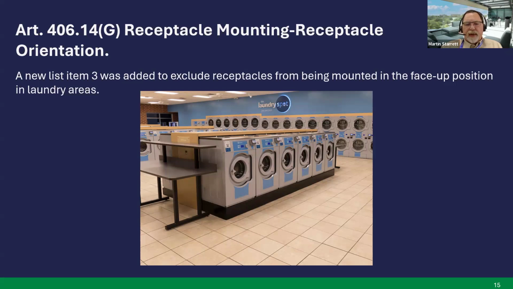If you're wiring one of these laundromats, you will no longer be able to put those receptacles face up. There is an exception if you've got a listed assembly for that, but that might be hard to find. So I would probably look at making sure that the receptacles aren't mounted face up in these areas. Next slide.